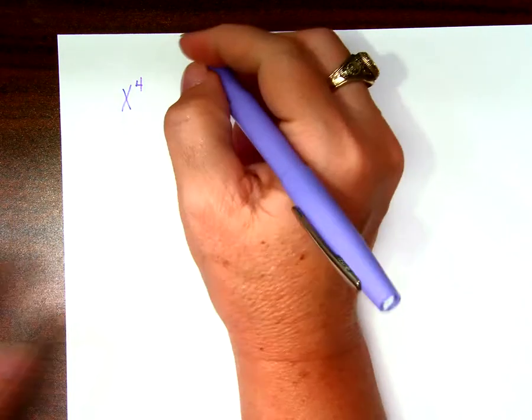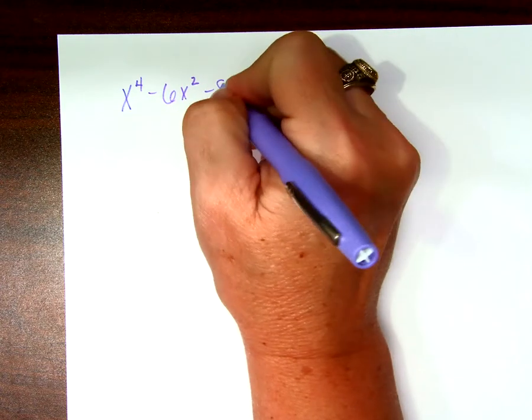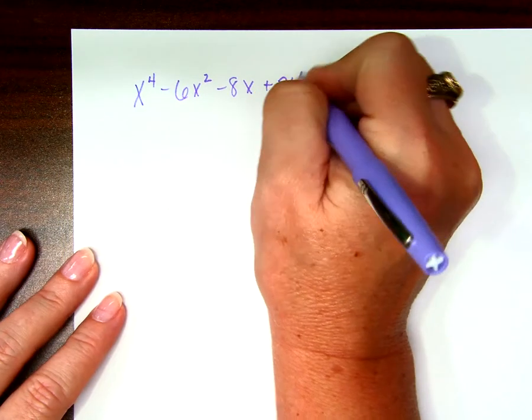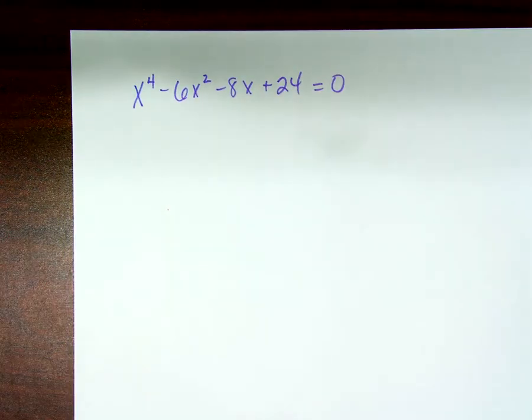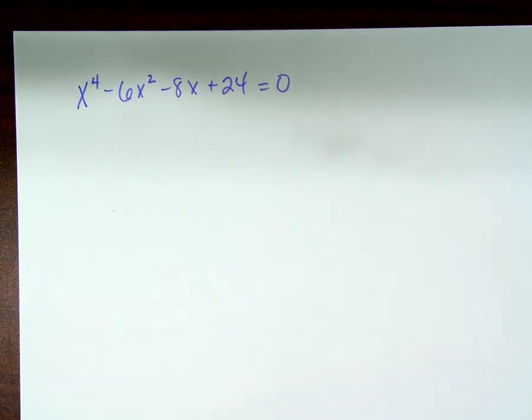X raised to the 4th minus 6x squared minus 8x plus 24. Now you're going to know it wants you to solve it because it's going to equal something. Whatever it equals, we want it to equal 0 so we can do all this stuff to it. So let's see if we can solve this by finding all the zeros first.